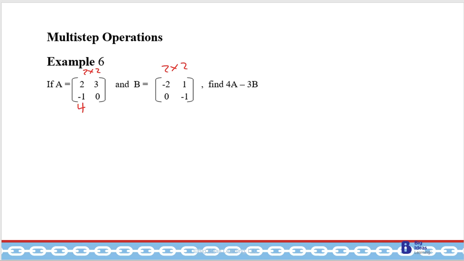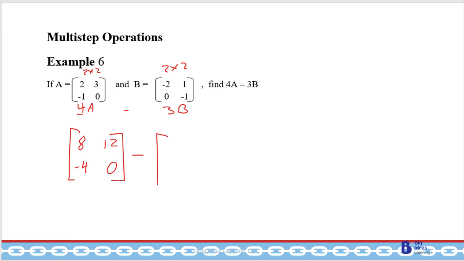Right, first off, I need to find 4A and then 3B so that I can subtract them. So we're going to start by doing some scaling. Our scalar is 4, so I'm going to multiply all of my elements in matrix A by 4. So 2 times 4, 3 times 4, negative 1 times 4, and 0 times 4.